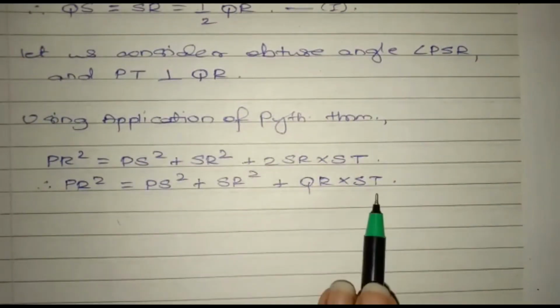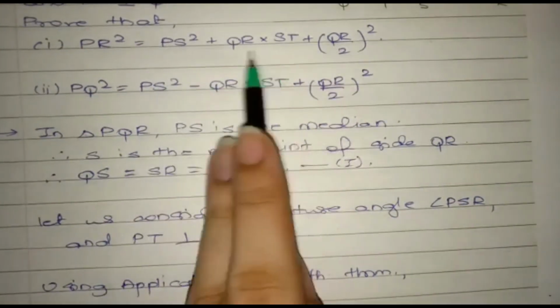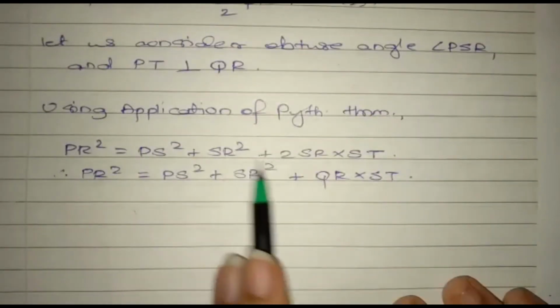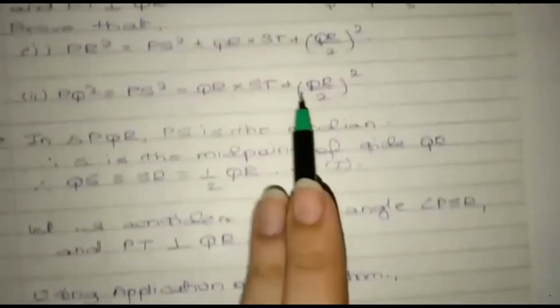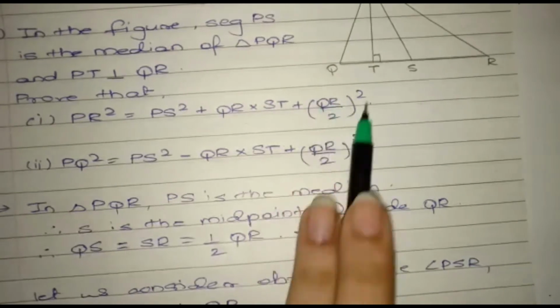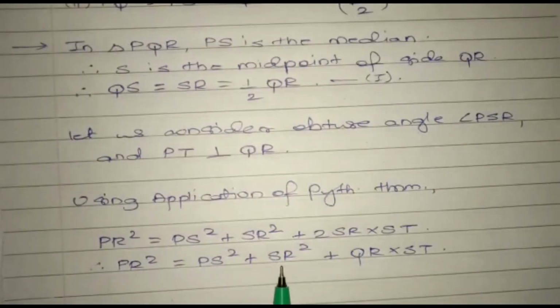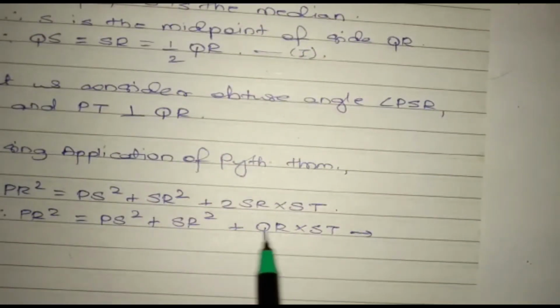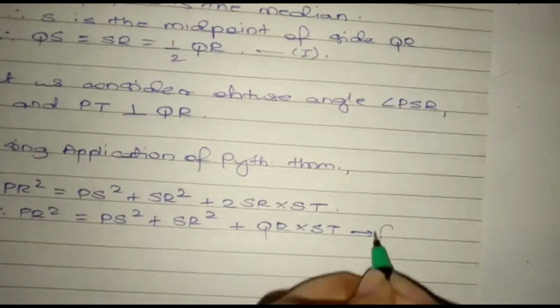Now we got PS square plus QR into ST. Now we want to eliminate this SR square and substitute it with QR by 2 the whole square. SR is QR by 2 from 1. First we will write here from 1 because we substituted 2SR as QR. So this is from 1.